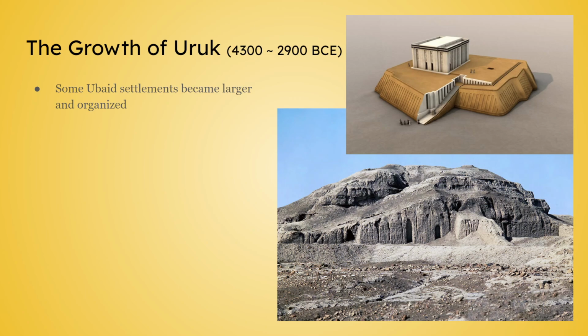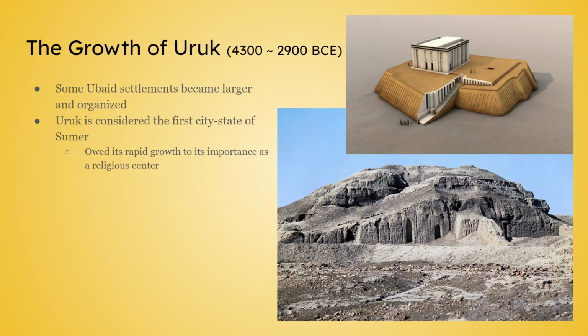So some Ubaid cities became larger and more organized, and Uruk is considered the first city-state of Sumer. And this city owed its rapid growth to its importance as a religious center. And pictured here is the White Temple as it is today, and the digital reconstruction of it.